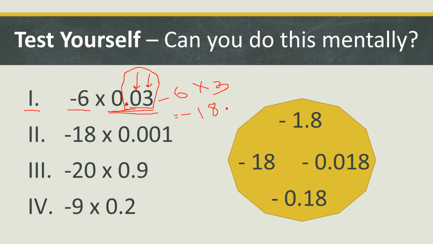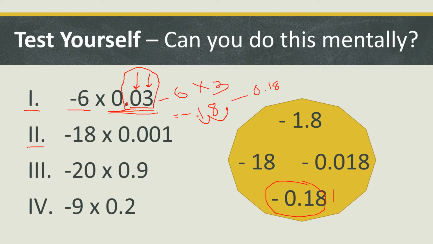So we move the decimal here to the left 2 times. 1, 2. So our answer is negative 0.18. So it's here. And this is the answer for number 1.